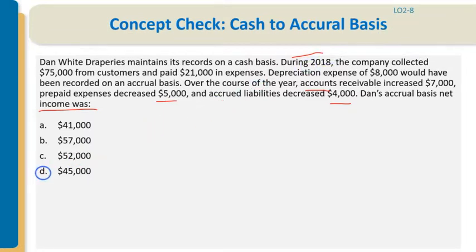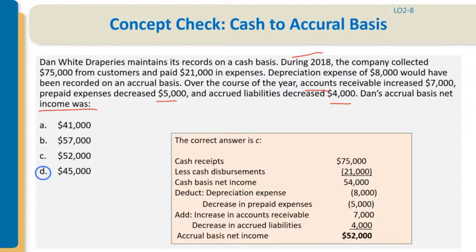Okay, this is the answer. This is the net cash flow, less cash disbursement, and so net cash; subtract depreciation expense, subtract the decrease in prepaid expense, add the increase in accounts receivable, and add the decrease in accrued liabilities.